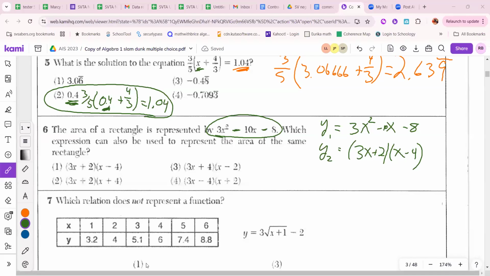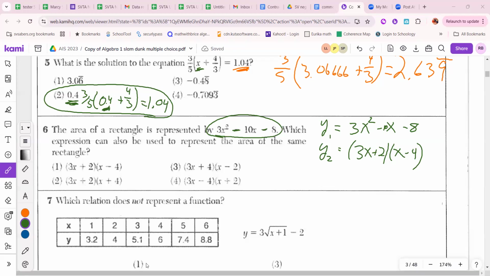Okay, so I put them into y equals, and now I'm going to hit second graph for the table, and we can take a look at the table. If you notice, y1 and y2 at -2, it's 24, at -1, it's 5, at 0, it's -8, at 1, it's -15, so they match. Y1 is the question, Y2 is answer choice number 1. So answer choice number 1 is it.